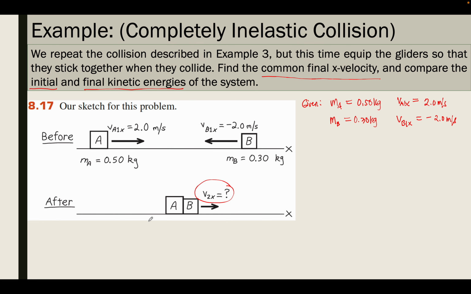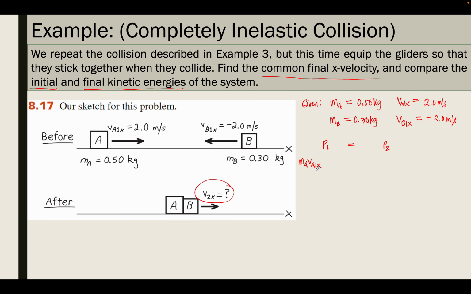Okay, so how can we solve for the common final x velocity? We will use the conservation of momentum equation for a completely inelastic collision. Take note that the initial momentum of the system must be equal to the final momentum of the system. So this is our starting equation.